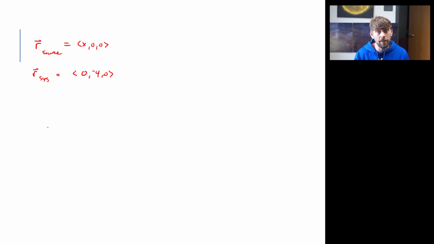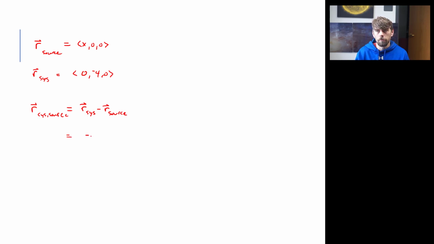Now, how do we go at this? Once I have the position vector for both the source and the system, the relative position vector is simply the position vector of the system minus the position vector of the source.